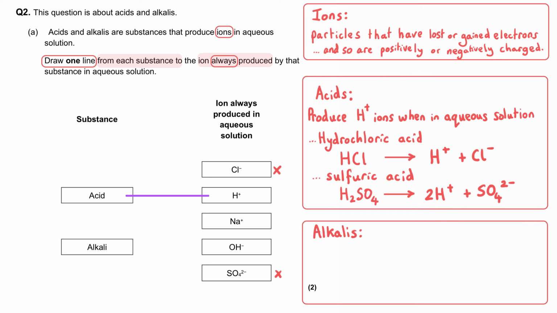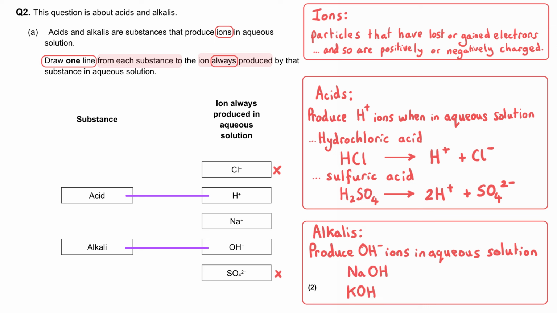Alkalis are characterised as substances which will ionize and produce hydroxide ions in aqueous solution. That means OH-. And a good example of that is sodium hydroxide, which has got the formula NaOH, and when that dissociates into its ions, you get Na+, and you get OH-.